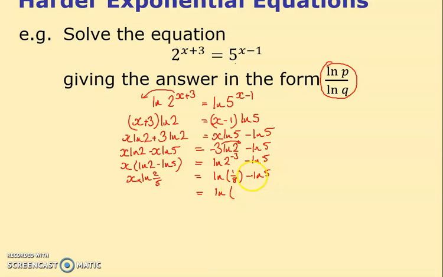Log of, yeah, because when I do a minus, it will go onto the bottom, so that's a 40th. So I suppose it's simply a case now of division, and it's x equals the log of that 40th divided by that log of 2/5.